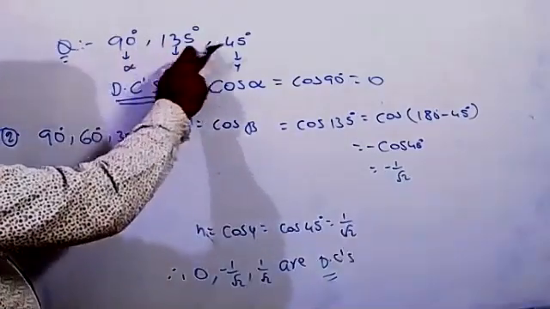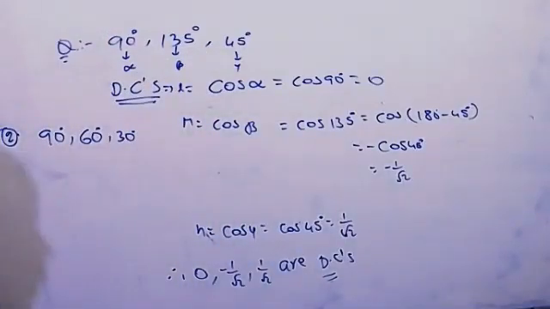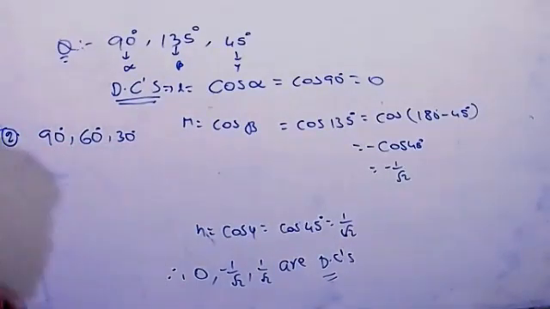Suppose they give the angles alpha, beta, gamma and ask to find the values of L, M, N. Cos alpha is called L, cos beta is M, and cos gamma is the N value.